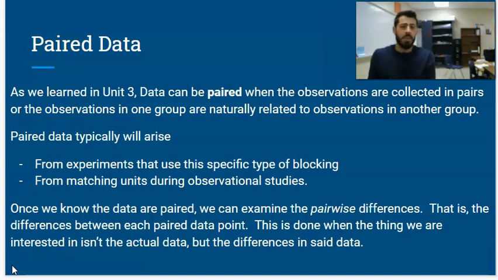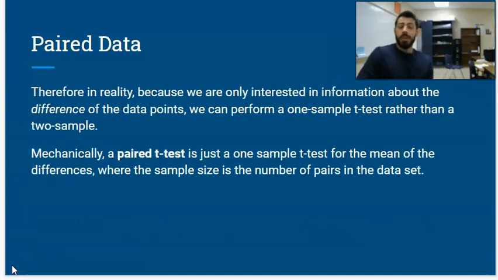And that sounds like it would be essentially the same thing, but the reality is that if you are able to do this, it actually makes your life a lot easier. The reason for that is because if you're only interested in the average of the difference, and you have all of those differences, then essentially each of those differences serves as its own data point, and you can run a one sample t-test rather than a two sample, and you're just doing it on the difference between the two data.